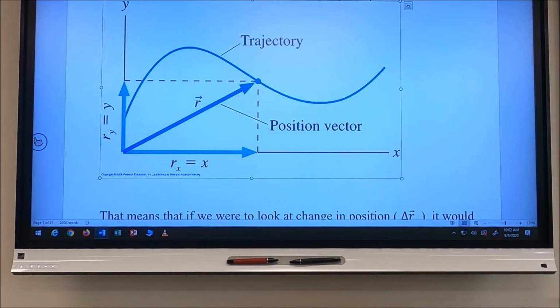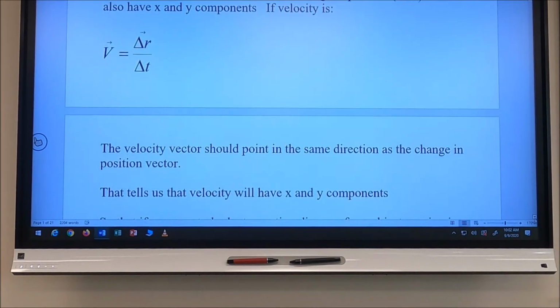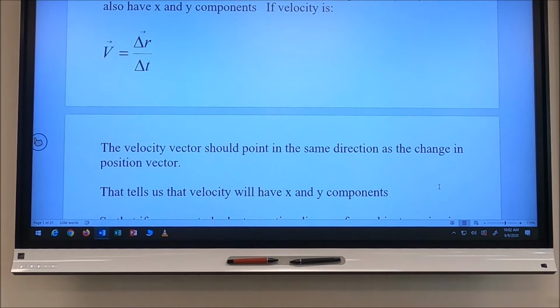Now, delta R, change in position, is going to be a vector that would point from one point to another, and it would have X and Y components. And we know that velocity is change in position with time. So if the delta R vector has X and Y components, it makes sense that velocity is going to have X and Y components.